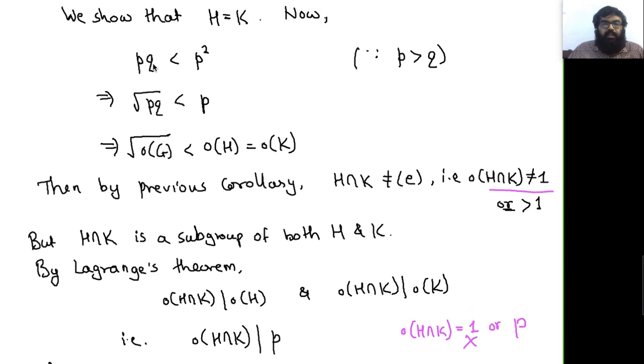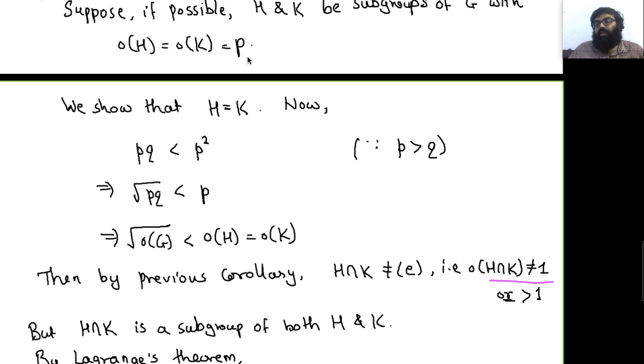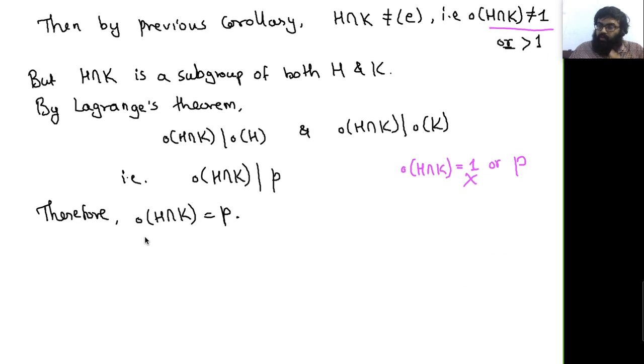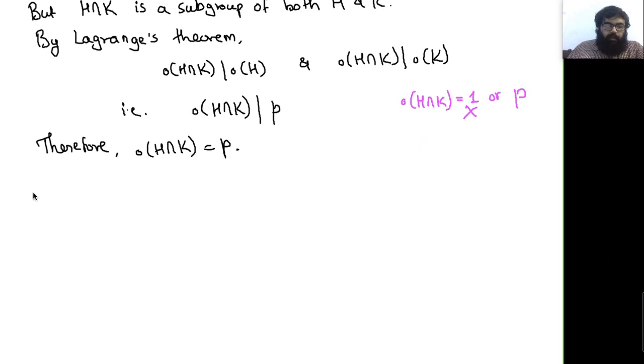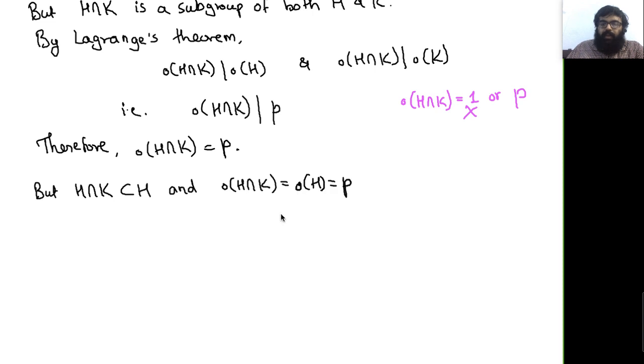But H has P elements, the order of H is P, and the order of K is also P. H intersection K is obviously a subset of H, and it also has P elements. So H intersection K equals H, right?